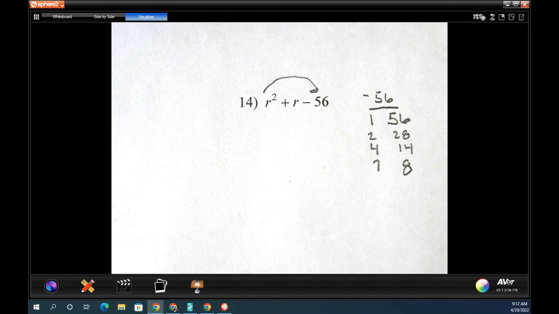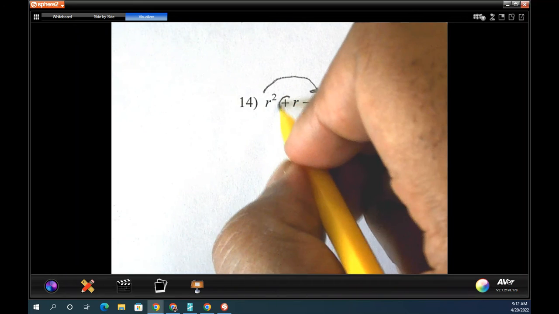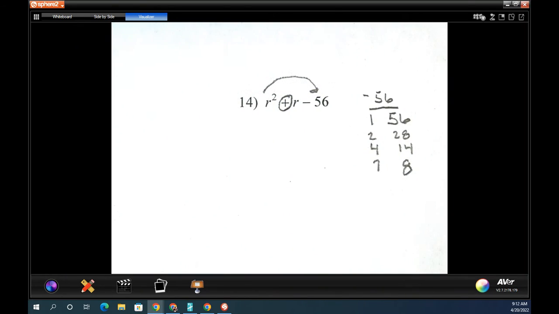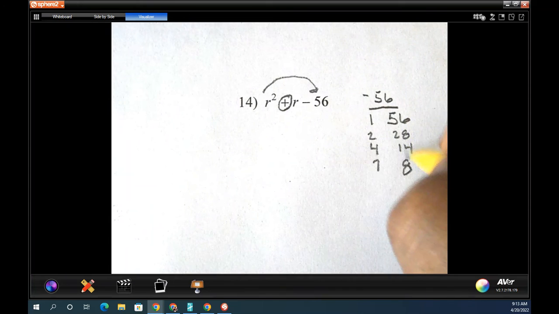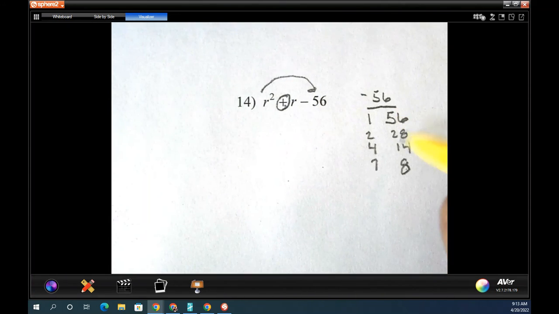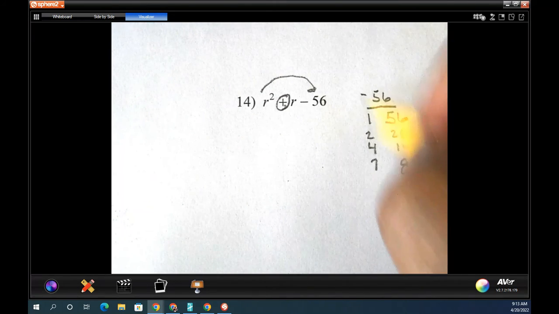Now, somebody besides Ileana, tell me, what does that first sign tell you? What does it tell you? Nobody knows? The which ones? No. Yeah. The larger factors are going to be positive. This dictates what the larger factors are going to do. You can't change it. There's no going back. So what do we need to do with the smaller factors?